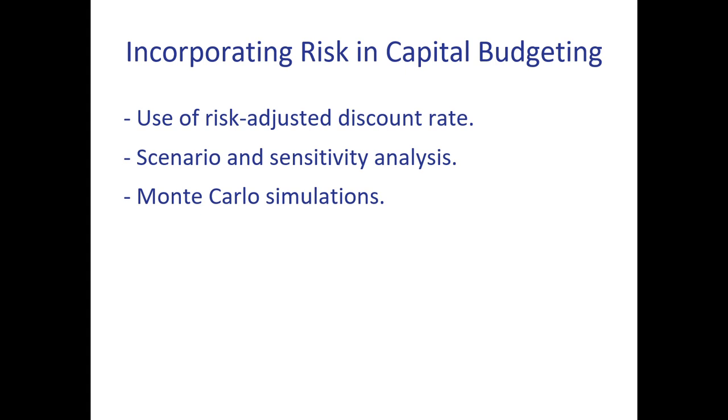Another advanced method is the Monte Carlo simulation, where we simulate thousands of possible outcomes based on random variables and their possible situational changes. All these methods help incorporate risk into our decision-making so we can make more well-informed decisions in our possible investment choices.